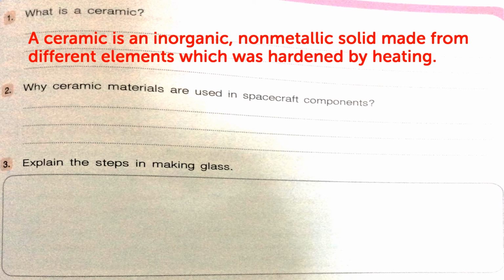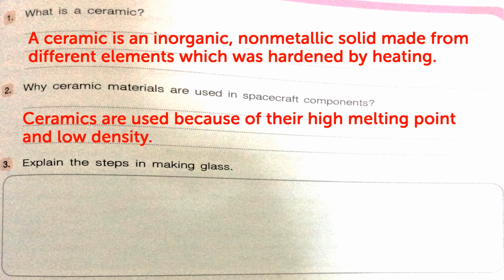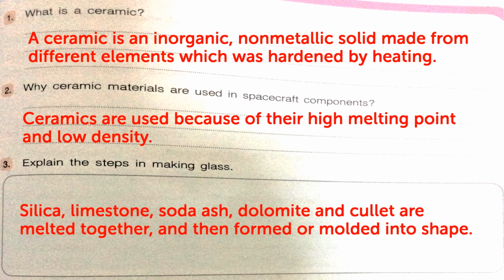Number 2. Why are ceramic materials used in spacecraft components such as your spaceship? That's because ceramics have a high melting point and low density, so they don't melt easily, especially when they enter the Earth's atmosphere. Number 3, explain the steps in making your glass.